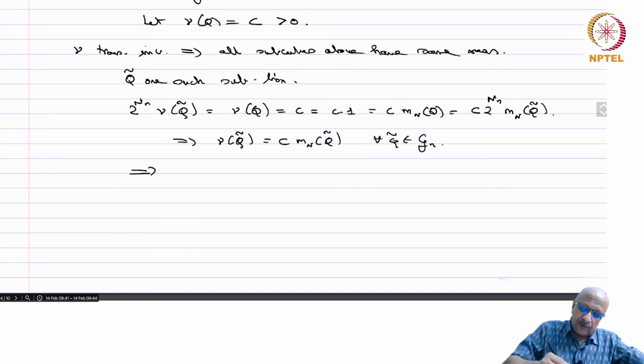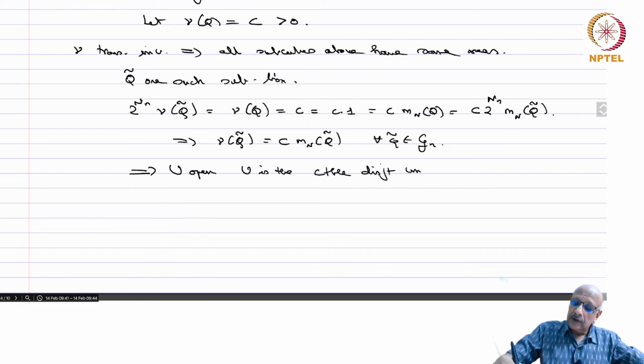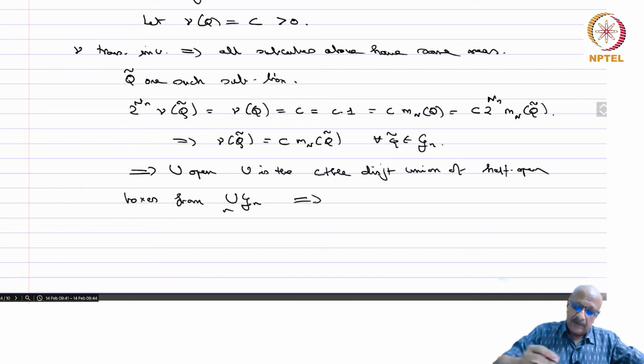And therefore if U is open, U is the countable disjoint union of half open boxes from the union of Gn over n, and that implies that nu of U equals C times Mn of U.